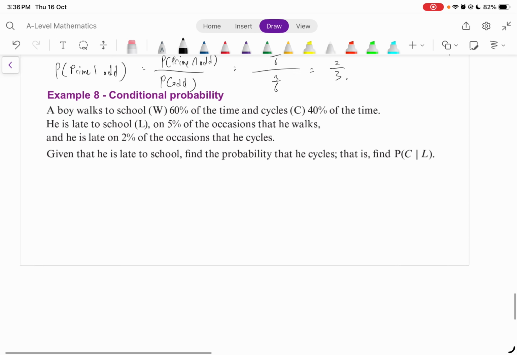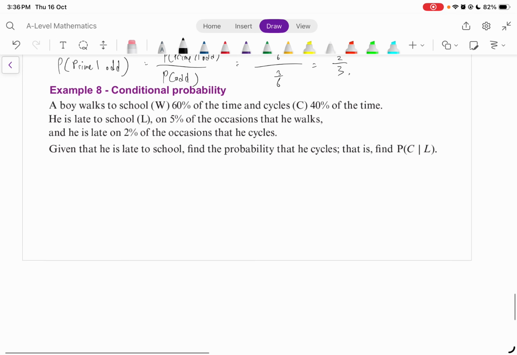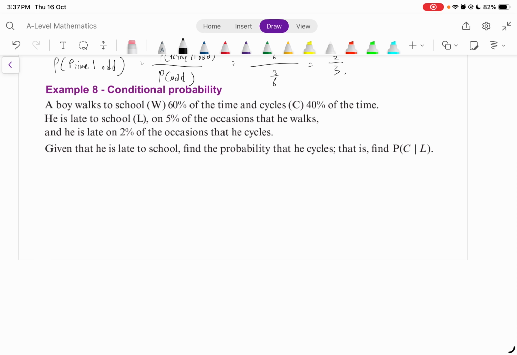Last example. A boy walks to school 60% of the time and cycles 40%. He's late to school 5% when he walks and 2% when he cycles. Given that he is late to school, find the probability that he cycles.